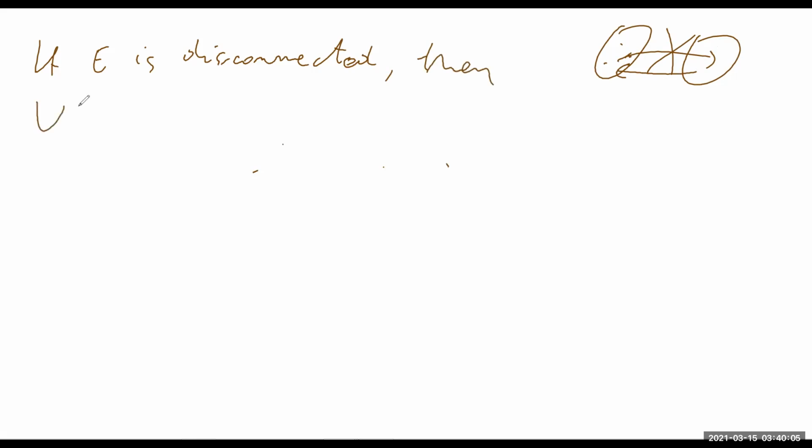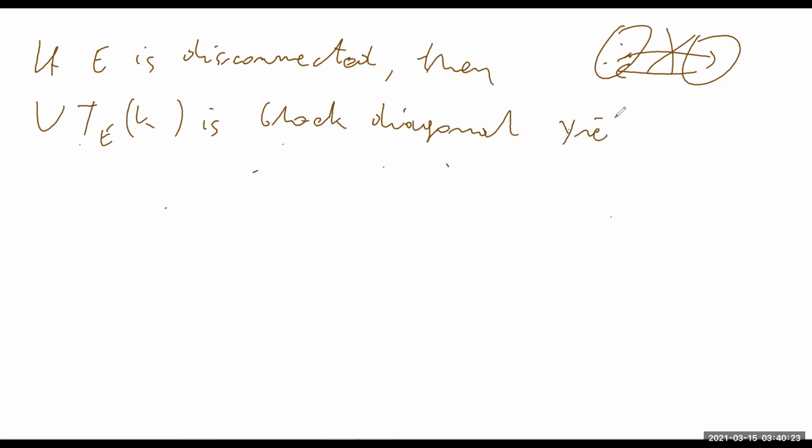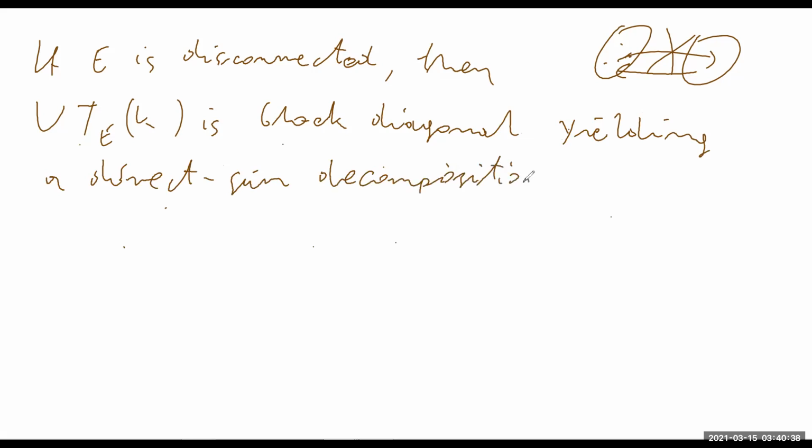Then UT_n(K) is block diagonal, yielding a direct sum decomposition of our path algebra K_e. Of course, this is finite, acyclic.